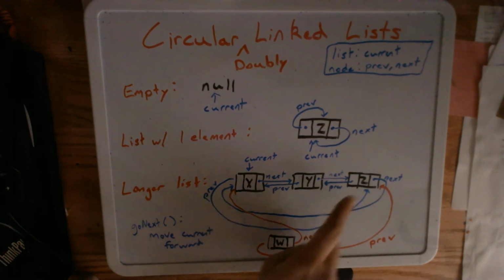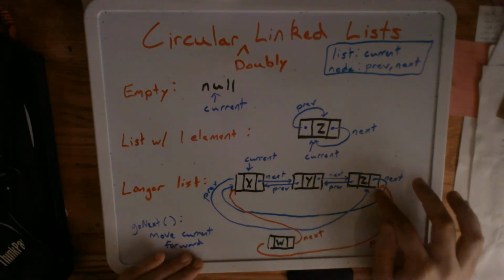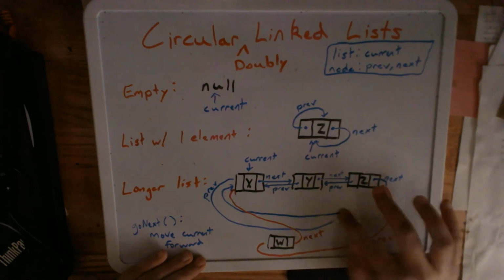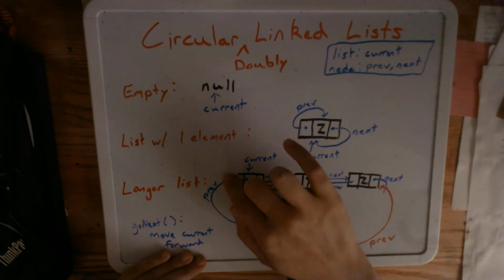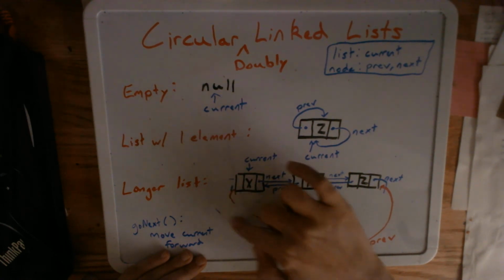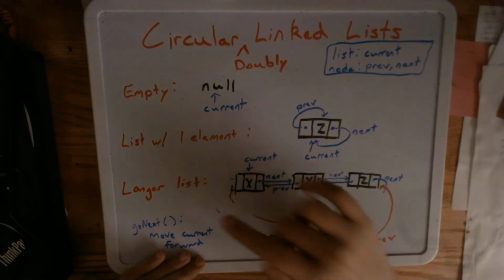So then we need to change these connections between X and Z, right? X's prev shouldn't be Z anymore, and Z's next shouldn't be X anymore.